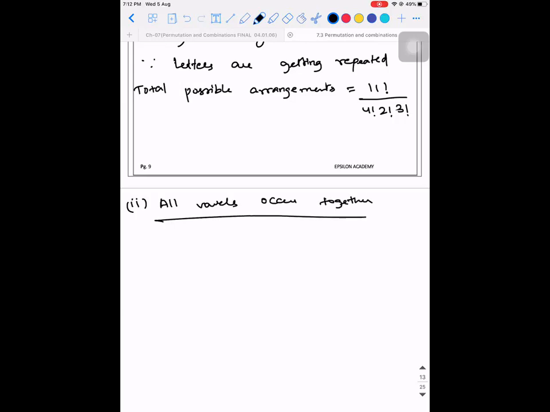So first of all, tell me how many blank spaces are there? 1, 2, 3, 4, 5, 6, 7, 8, 9, 10, 11, 12. Right? So I have 12 blank spaces. In those 12 blank spaces, I need to arrange the letters of the word independence.